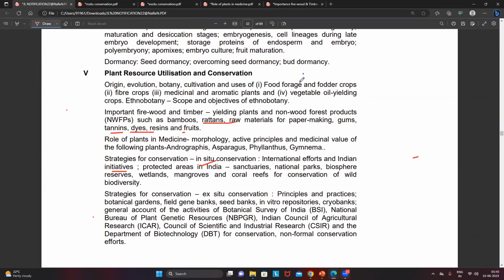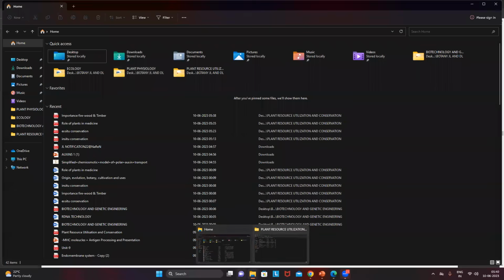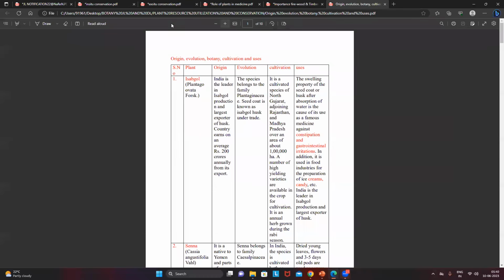They directly asked some food and fodder crops, some fiber crops, medicinal and aromatic plants, and vegetable oil yielding crops. So how to read that? Based on the questions asked in previous year papers, we have made the most important ones.